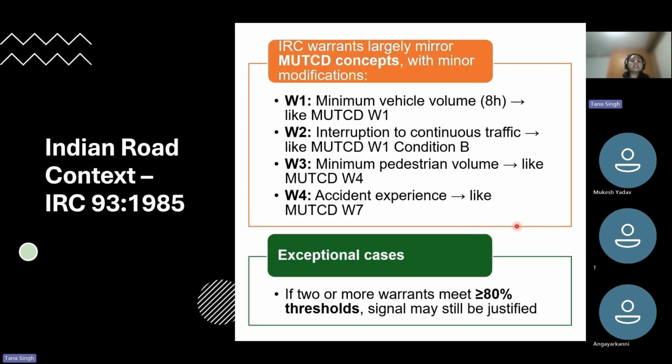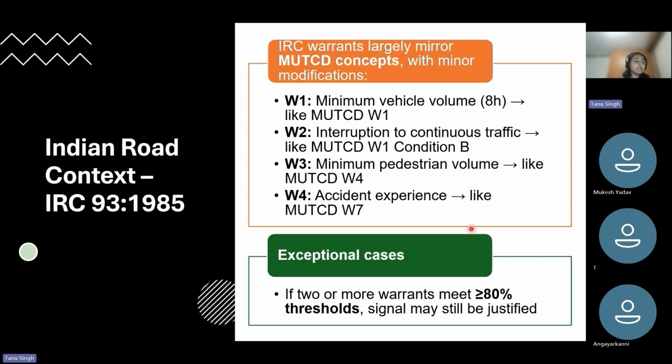Warrant 2 is interruption to continuous traffic, similar to MUTCD warrant 1 condition B. The third warrant is the minimum pedestrian volume, similar to MUTCD warrant 4. And warrant 4 is accident experience, similar to MUTCD warrant 7.